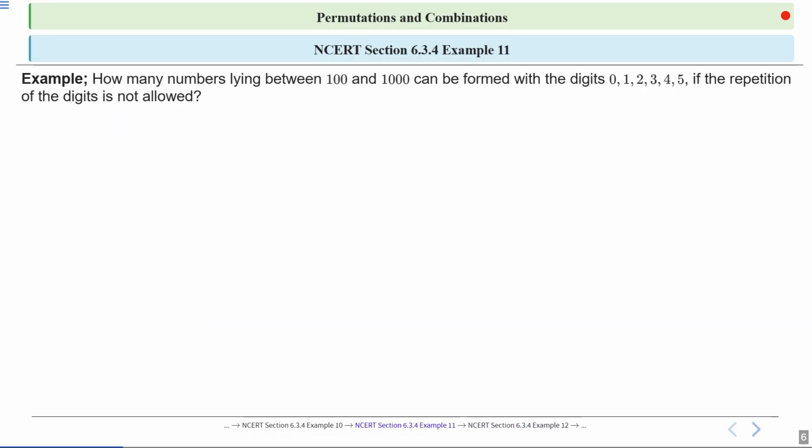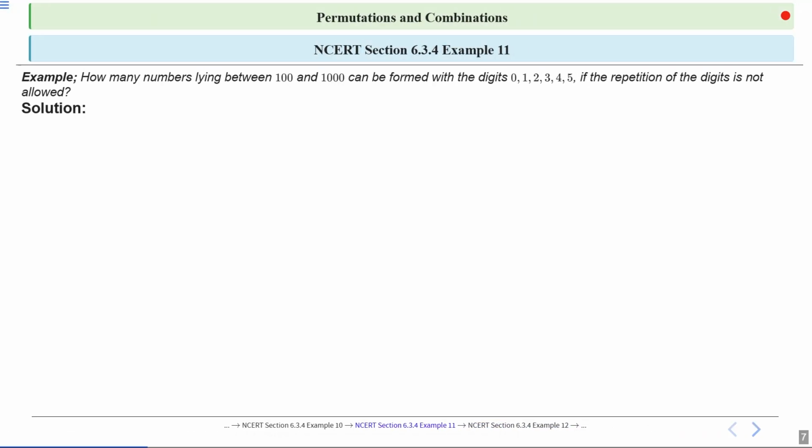In this example, we have to find how many numbers lying between 100 and 1000 can be formed with the digits 0, 1, 2, 3, 4, 5 if the repetition of the digits is not allowed.